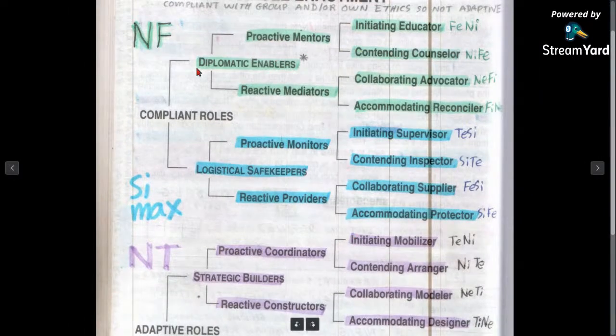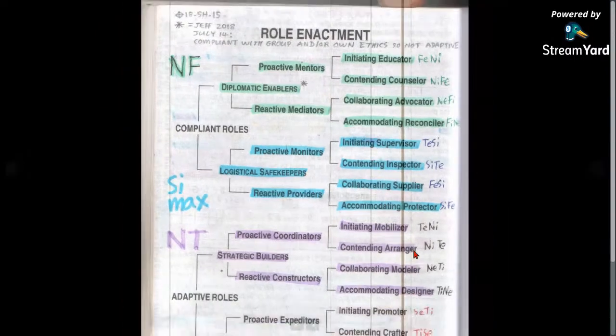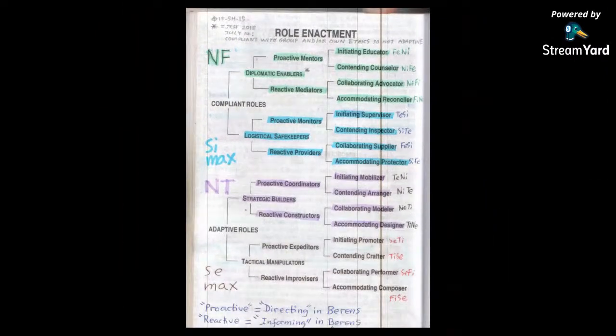Development of people, diplomatic enabling, development of people, development of objects. So it correlates. So the social plane correlates with the functions used in a context of temperament.